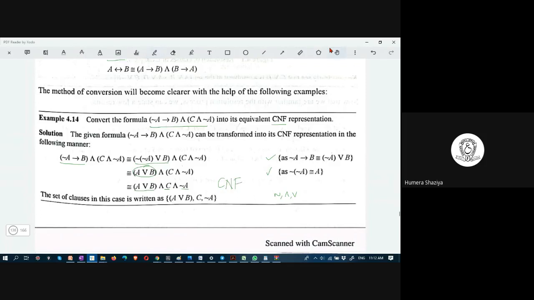AND operation joins the clauses. They can have or, or they can have just a literal. All right, this is in CNF, and this set of clauses can be written by eliminating these and operations as A or B comma C comma not A.